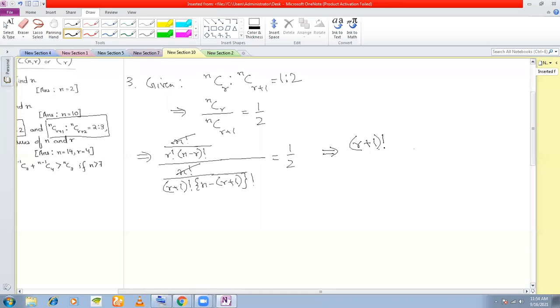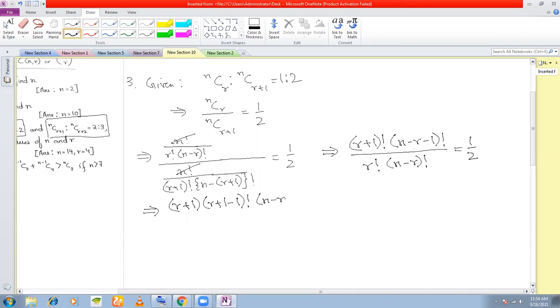And if you open the curly brackets, you will get (n minus r minus 1) factorial divided by factorial r into (n minus r) factorial is 1 by 2. Now you see that you have (r plus 1) factorial in the numerator and you have factorial r in the denominator. So you can write (r plus 1) factorial as (r plus 1) into (r plus 1 minus 1) factorial. You can write this way.